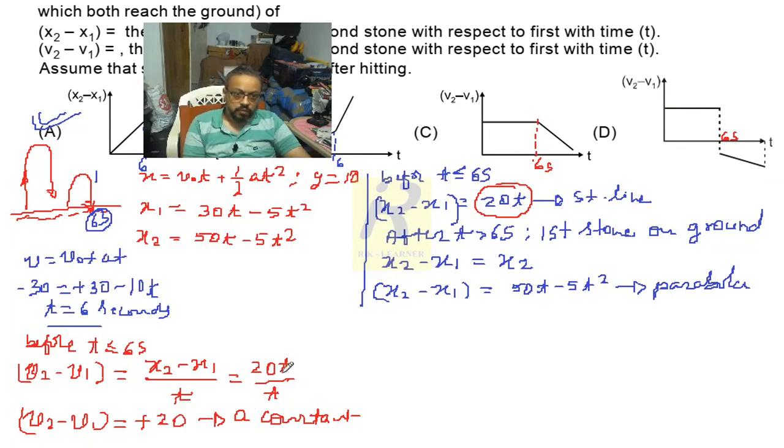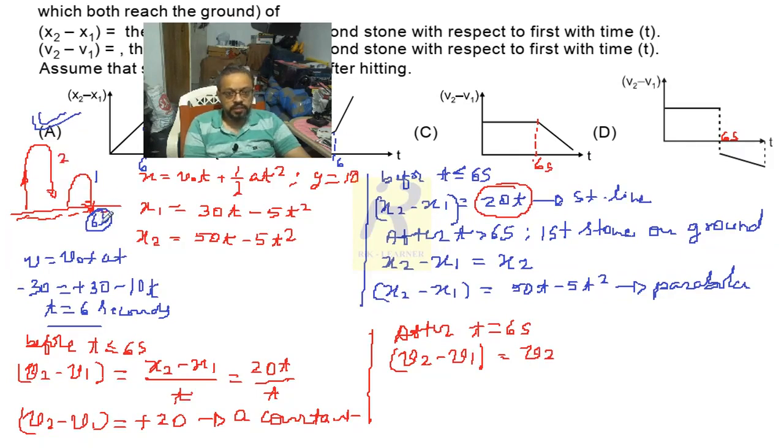So one more time, we cannot judge the answer just by doing this much. So doing further, after t equals 6 seconds, V2 minus V1 is only V2, because the second particle is the only thing which is moving now, because the first stone will be at rest.